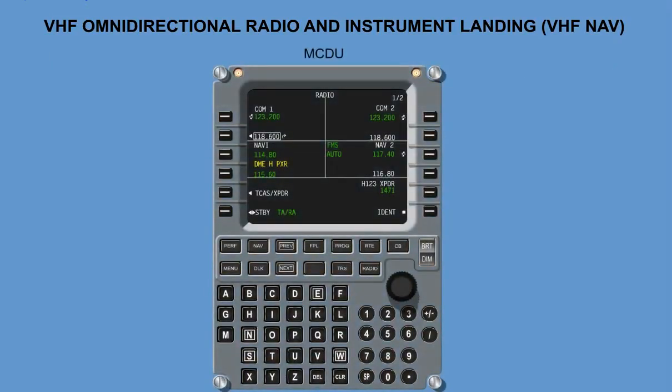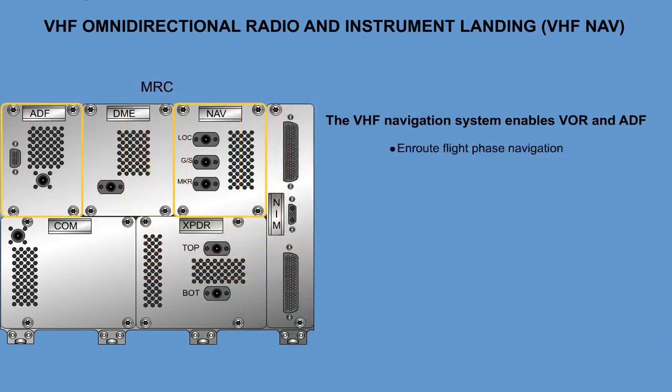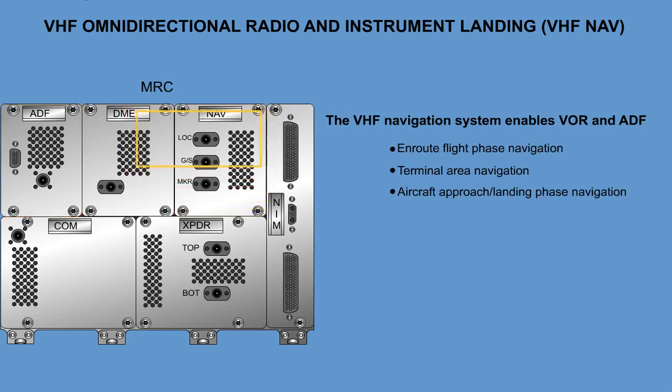VHF Omnidirectional Radio and Instrument Landing, VHF NAV. The VHF navigation system enables VOR and ADF en route flight phase navigation, terminal area navigation, and aircraft approach landing phase navigation guidance, using localizer, glide slope, and marker beacon distance to runway threshold information.